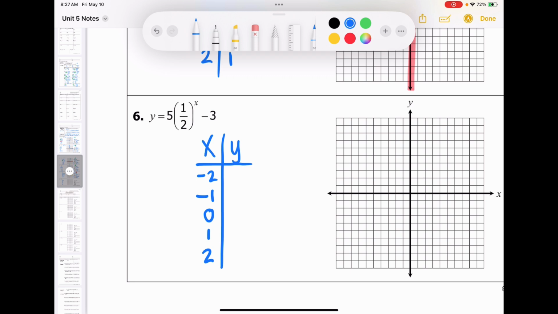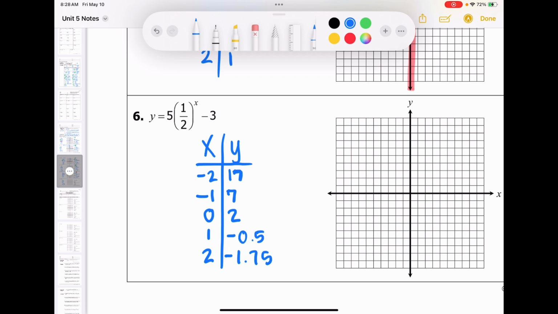All right, when I plug my values into my function, for -2, I get 17. For -1, I get 7. For 0, I get 2. For 1, I get -0.5. And then for 2, I get -1.75.